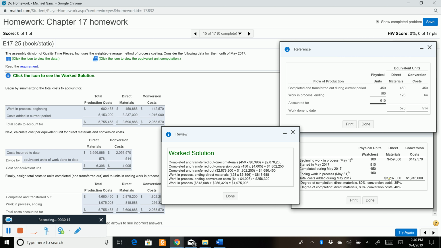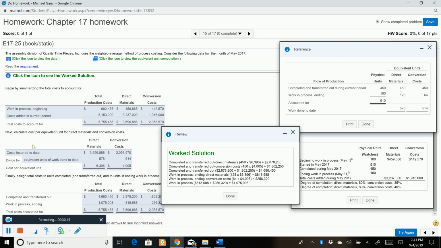The author also told us that we added $237,000 in materials for the period and $1,916,000 for our conversion costs that were added during the period. So we know we need to account for $5,755,458 in costs, which is basically the beginning WIP plus what was added during the period.